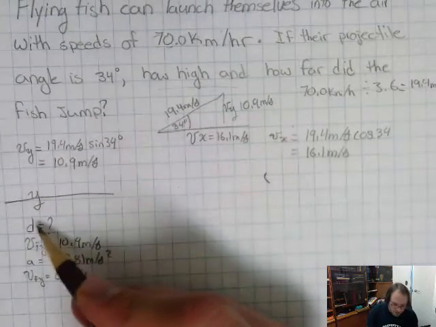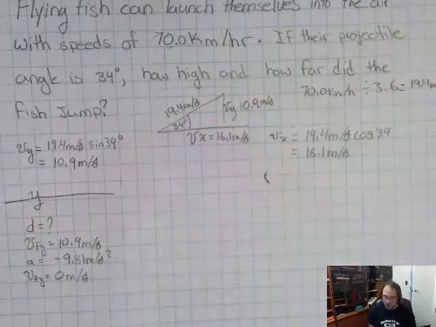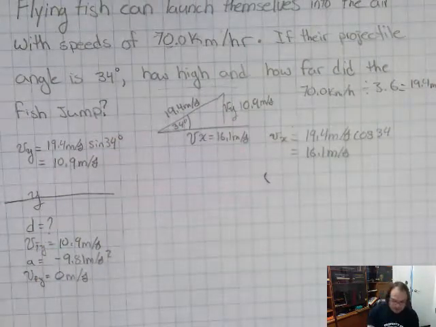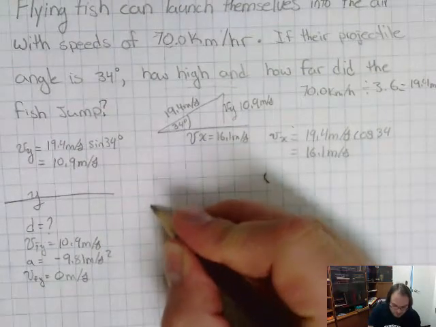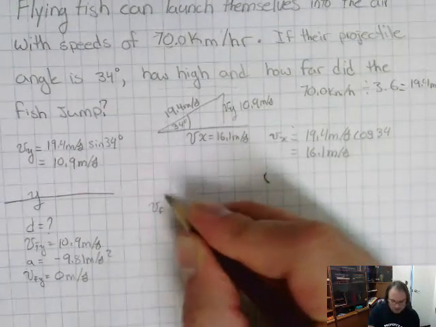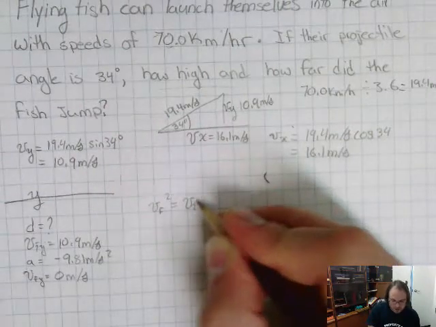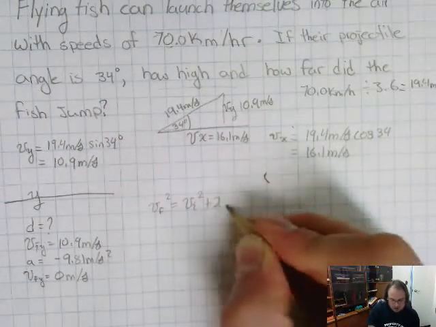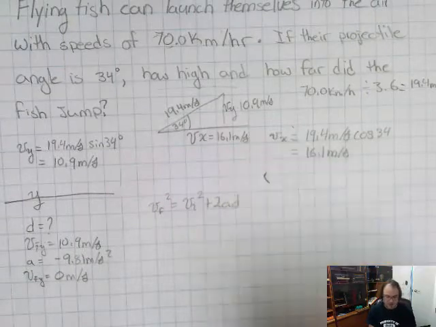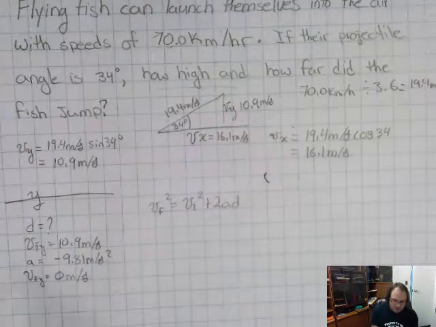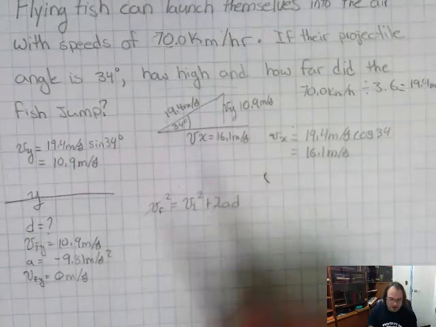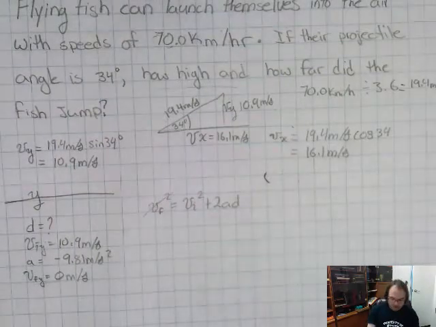So if we look at this, we have these four variables. Which equation am I going to use? In this case, I'm going to use Vf squared, my final velocity squared, is equal to my initial velocity squared plus 2 times my acceleration times my distance. Now in this case, we know my Vf in y is equal to 0, so we really don't need to look at that.